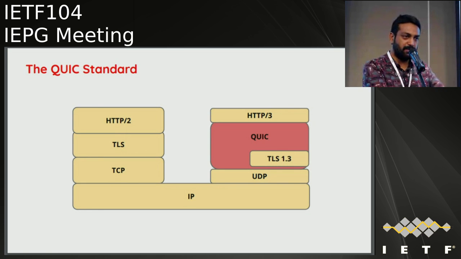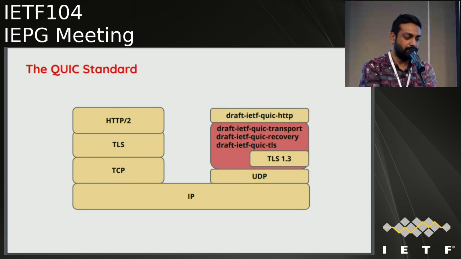So as compared to the previous stack where only application data was encrypted and the transport headers were visible in the network, in the QUIC world, the transport headers are also encrypted and not visible in the network, most of them anyways. So those are the drafts. If you enjoy reading drafts, those are available.